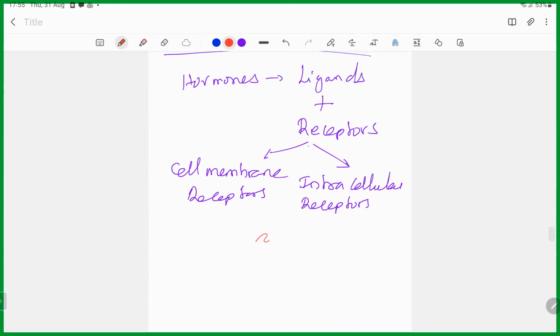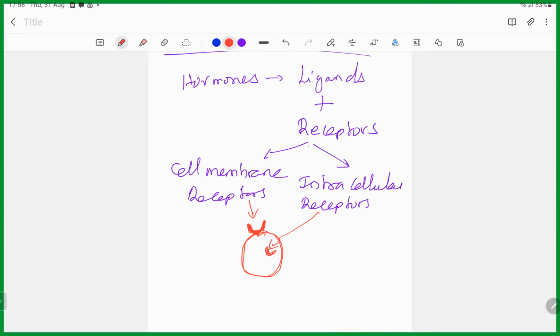For example, see, this is a cell. If it is a cell membrane receptor, they are present here. They are called cell membrane receptors. Sometimes the receptor may be present inside, even in the nucleus.